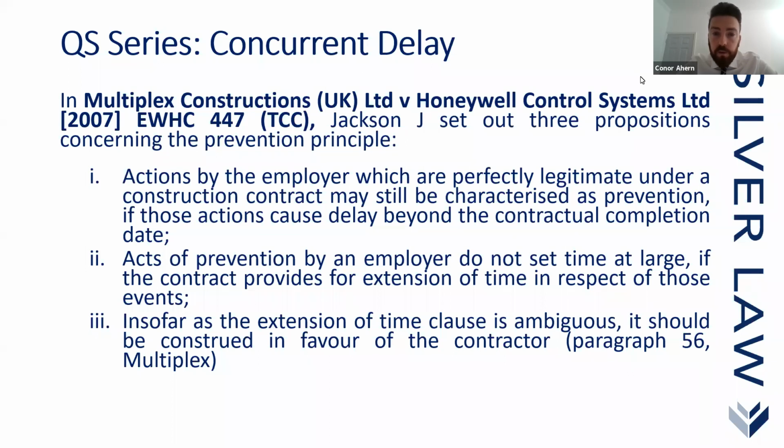Now, an item Justice Jackson has in his mind there is variations, which is a good example, because variations obviously add to the scope of a project, and employers should be entitled to use variation provisions under a contract where possible. Things change, and that's exactly what the variation clauses are there to cater for. But what he's saying is that it can be characterized as prevention if the actions cause delay beyond the contractual completion date.